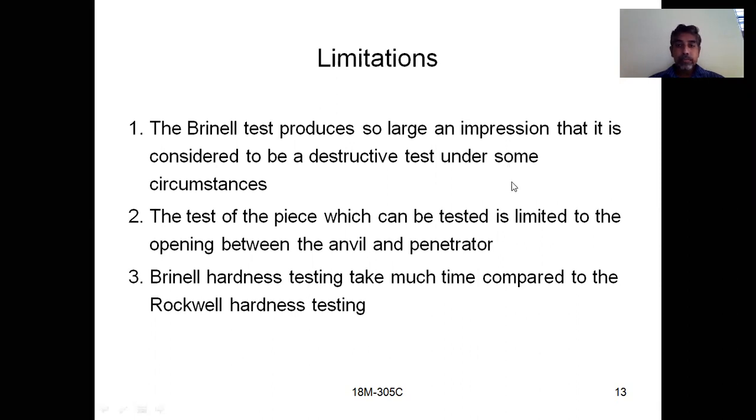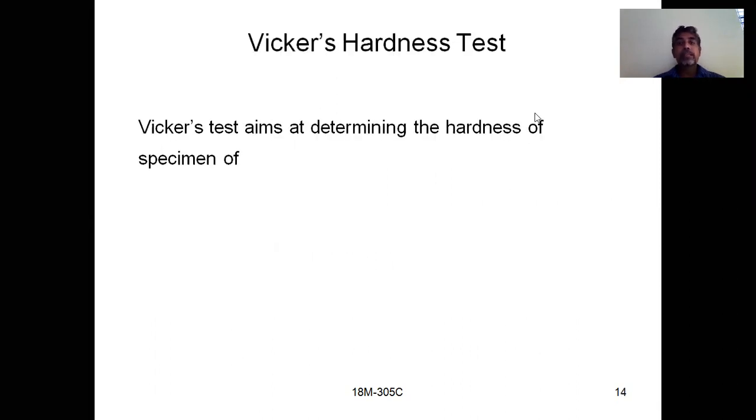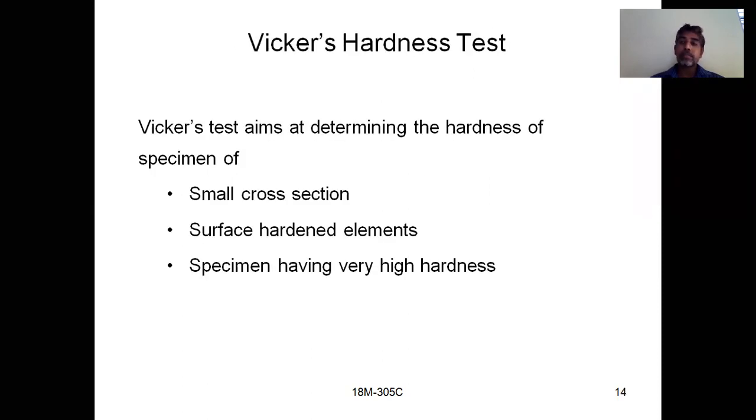Okay, next, the Vickers hardness test. The second test is the Vickers hardness test. Why do we have to go for the Vickers hardness test when we have Brinell hardness? What is the advantage and superiority of the Vickers hardness test over the Brinell hardness test? Here, we can test specimens having a small cross section, surface hardened elements, and specimens with very high hardness.